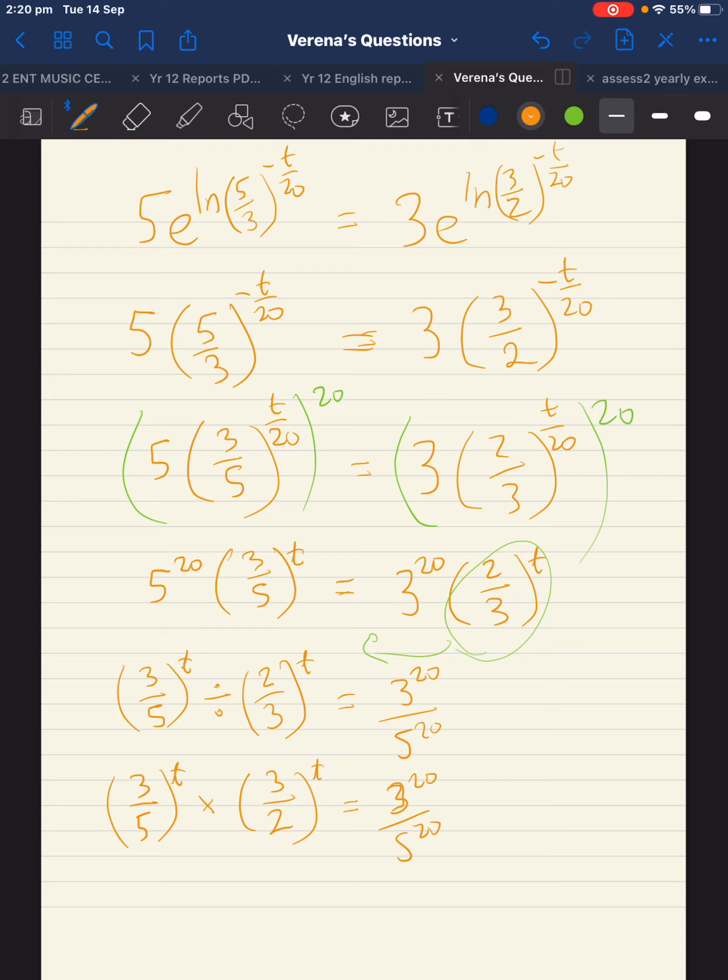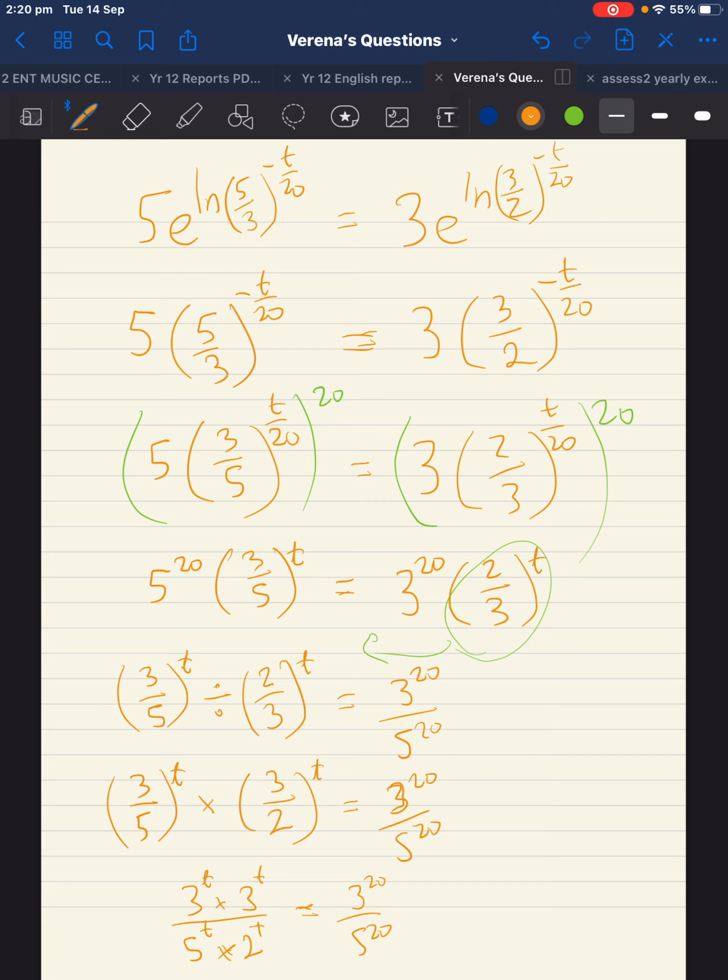Simplifying this here, you end up with 3 to the t times 3 to the t, all over 5 to the t times 2 to the t. You know what, there's so many different ways, the way I've just done it, I've just extended it a little bit, but that's okay.